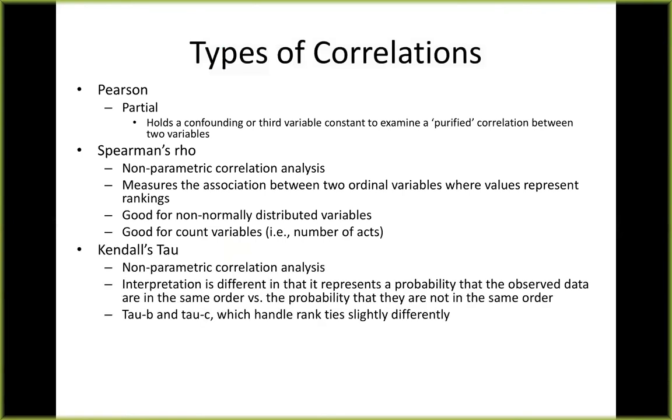Kendall's tau is a very similar sort of a thing. It's a non-parametric correlation analysis. It does the same thing with ordinal or sort of ranked variables. It tends to be a little bit better for smaller sample sizes than the Spearman's Rho does, but very similar things.